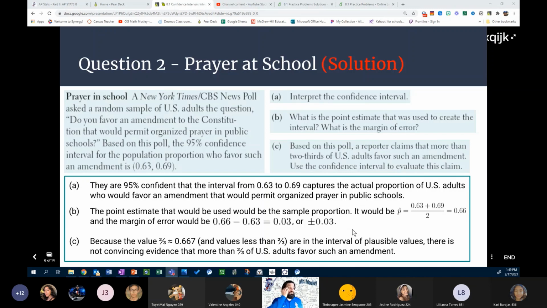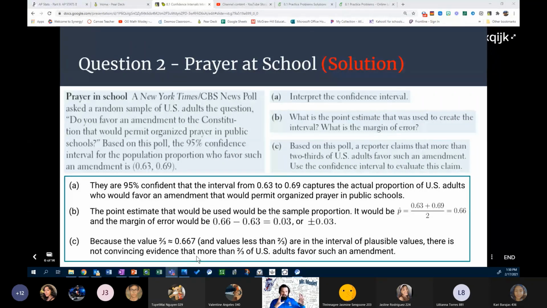All right. Because the value 2/3 is approximately 0.667 and values less than 2/3 are in the interval of plausible values, essentially half of our interval is equal to or below what they're saying should be greater than. There is not convincing evidence that more than 2/3 of U.S. adults favor such an amendment.